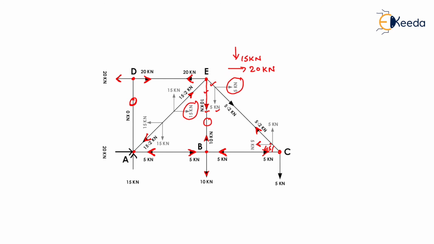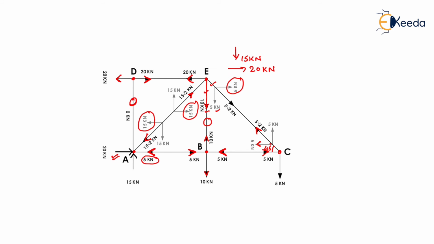One is because of the inclined member AE, which will be of 15 kilonewton magnitude, and one is because of member AB, which will be of 5 kilonewton magnitude. So the total horizontal force will be 20 kilonewton in the leftward direction. So to maintain the horizontal equilibrium of joint A, we need to create a rightward force of 20 kilonewton magnitude.